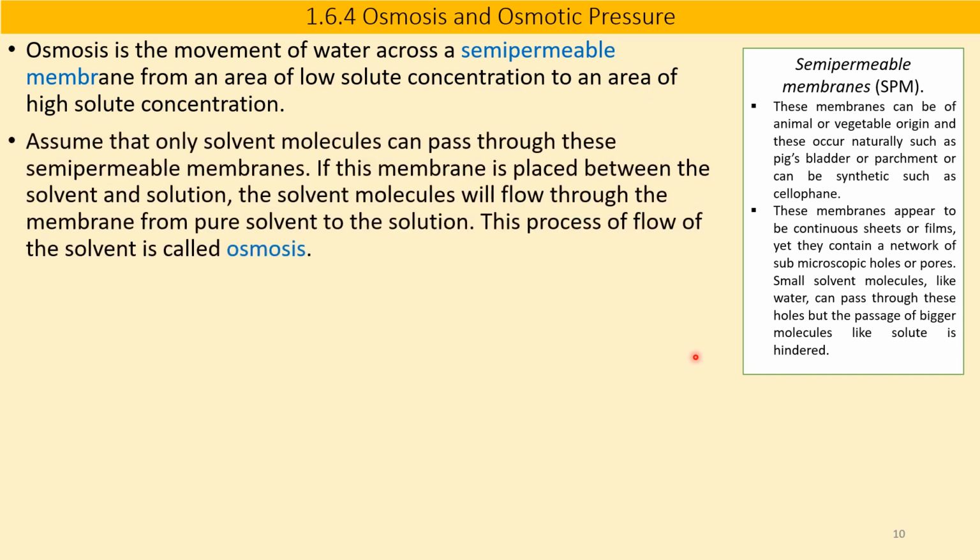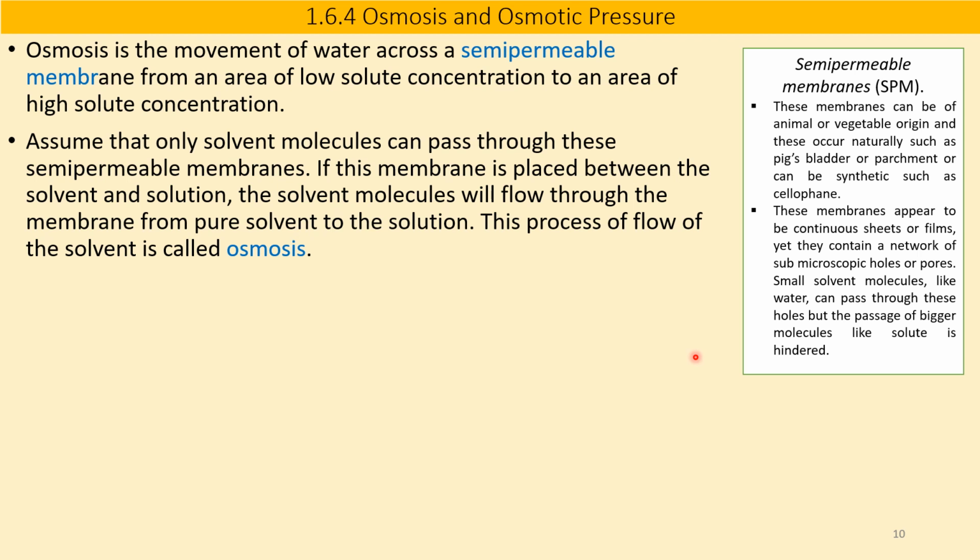Let us assume that only solvent molecules can pass through these semi-permeable membranes. If this membrane is placed between a solvent and the solution, the solvent molecules will flow through the membrane from pure solvent to the solution.